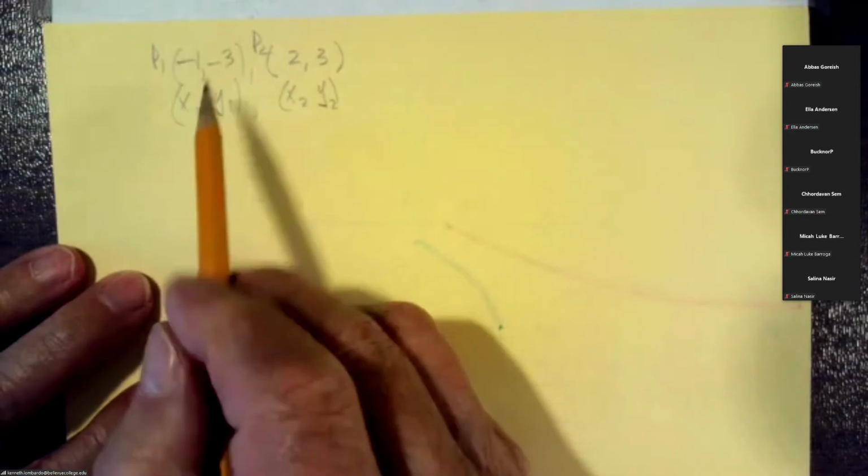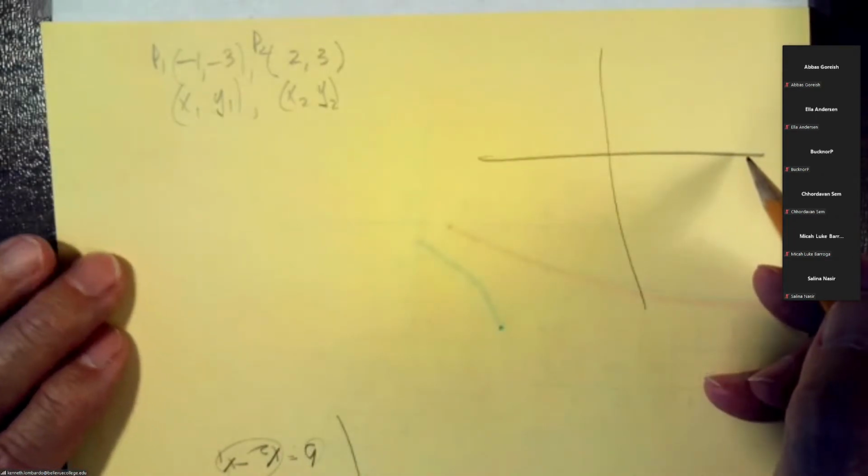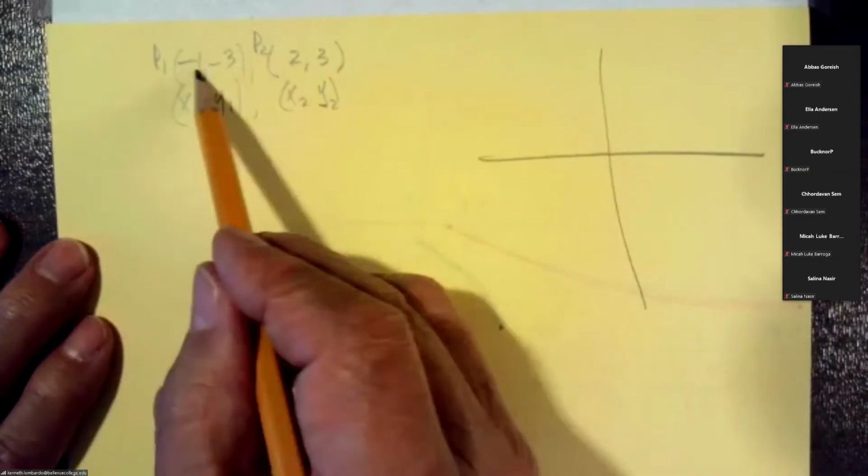Okay, so now we have the points. I could plot them or not plot them. And I won't take the time to plot them right now, but let's say we're looking for the distance between those 2 points, and we want to use the equation that we just got through developing.